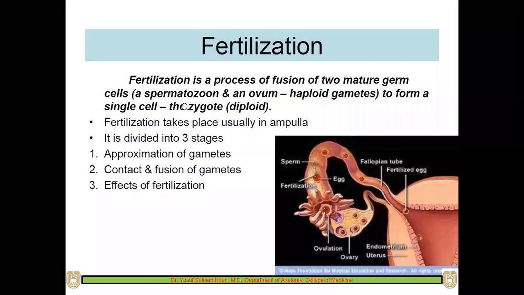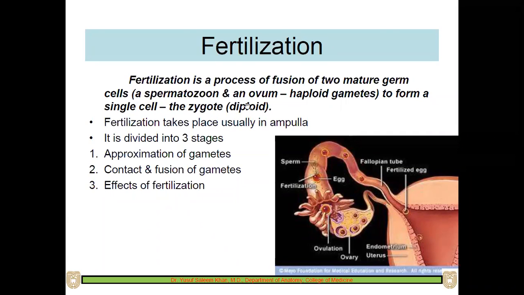Okay, and this fertilized egg will be called the zygote, and it will have the diploid number of chromosomes. Now it becomes 23 pairs. Initially the sperm will have 23 and the ovum will have 23 chromosomes. When they fuse together, when they fertilize, they become the diploid number, meaning double the chromosomes, that is the normal number of chromosomes, 23 pairs.